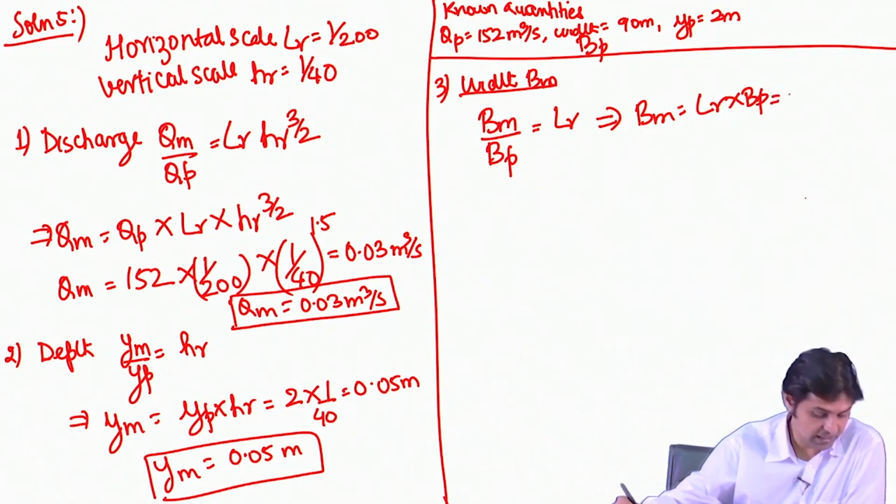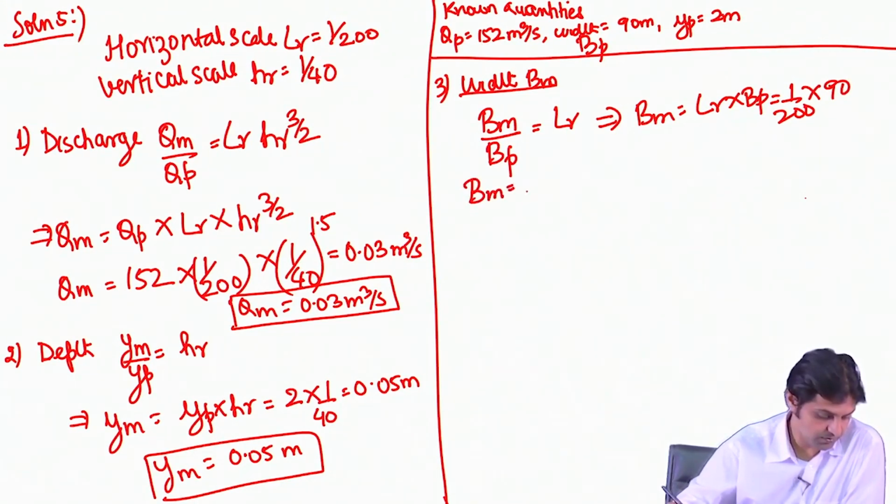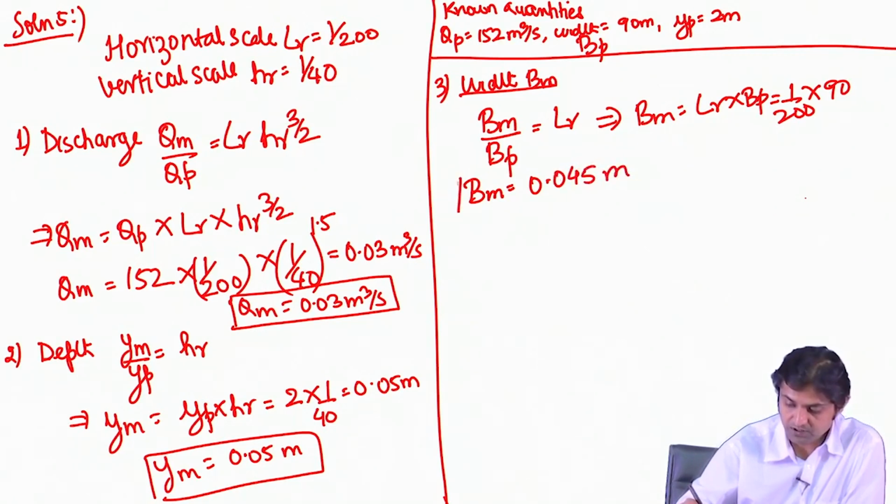Lr was 1 by 200 into Bp was 90 meter. So Bm comes out to be 0.045 meter.